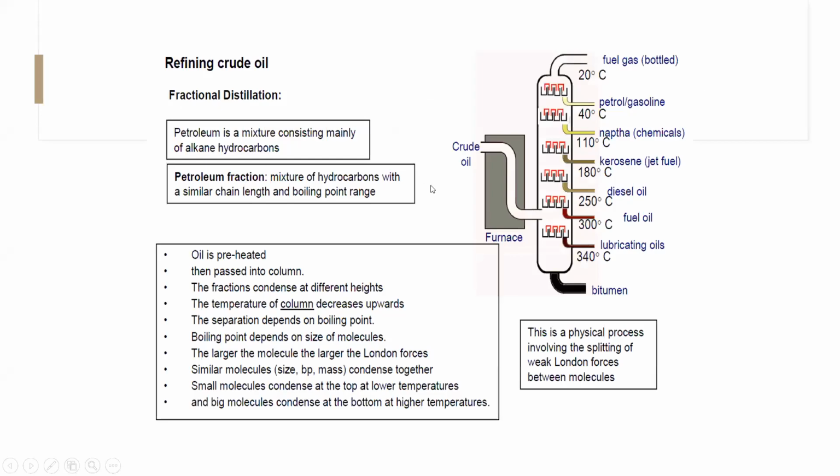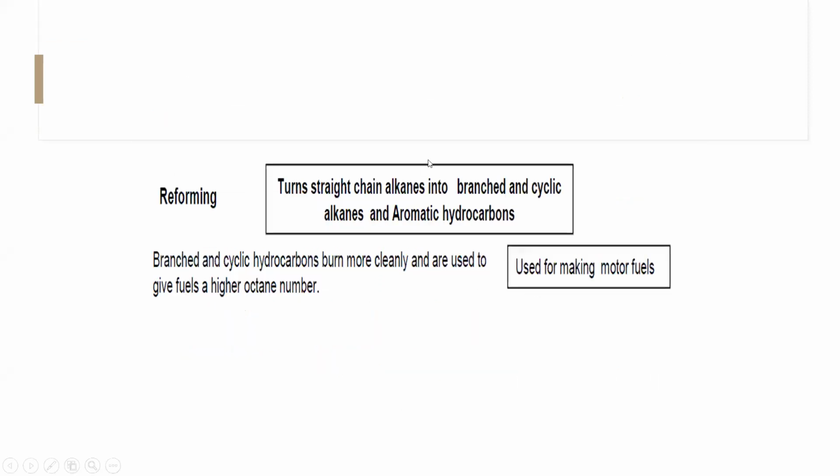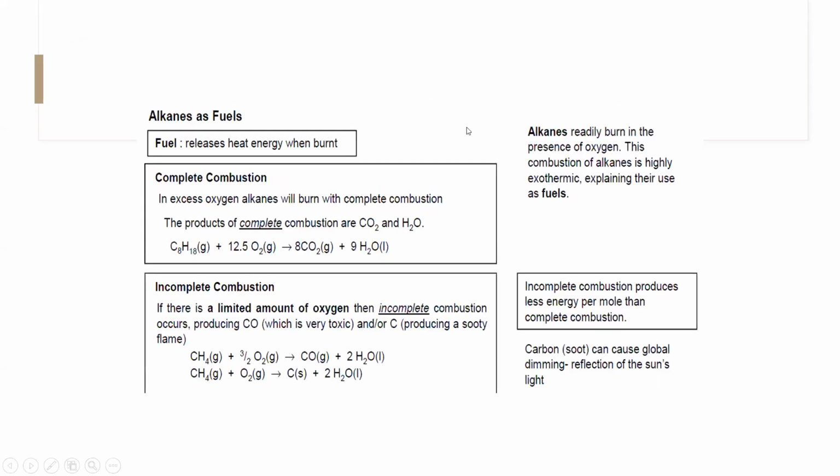The fractional distillation of the crude oil we already discussed. Then the heavy fractions which have more carbon, we crack them because smaller or lighter fractions are more useful as they have many uses compared to the larger fractions. Reforming means when we convert the straight chain into branched or cyclic, we call that reforming.